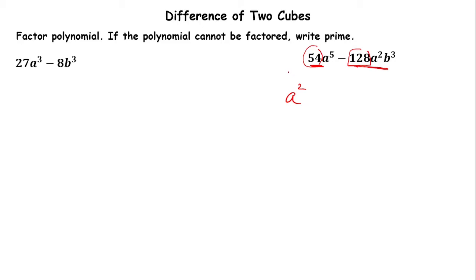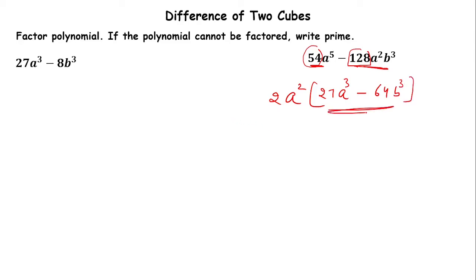Take some time. Is 6 common here and here? No, I don't think so. 2 is common, only 2. So here we are left with 27a cube minus, 2 is out, so 64b cube.